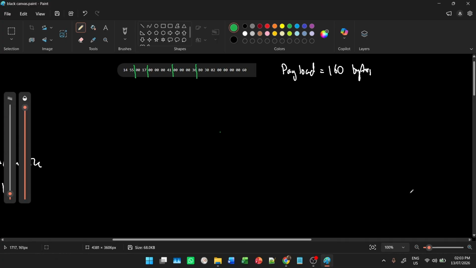Then we'll move on. First off, we have 1455, and you must convert this into hexadecimal. Do the conversion here. Essentially, it's just multiplying and figuring things out.